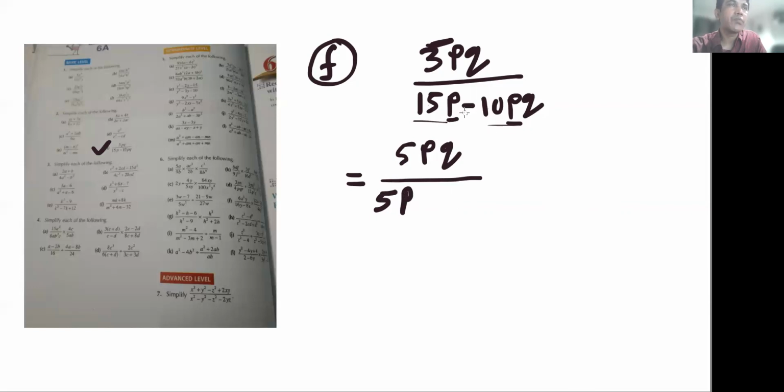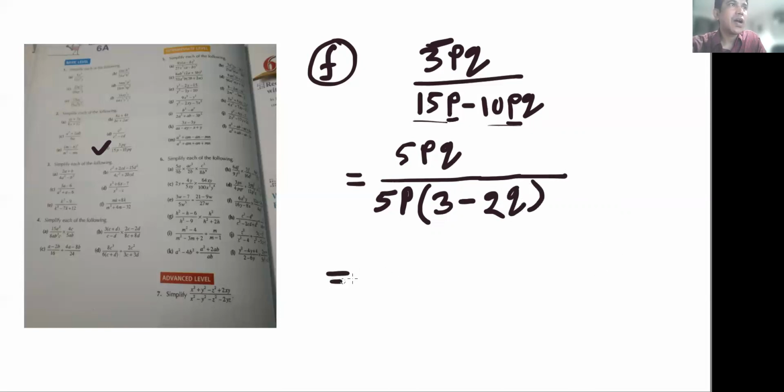No, there's no Q. So from 15P, if I take 5 common, 15 divided by 5 will be 3. P and P will get cancelled. Minus, we have 10PQ, 10 by 5 is 2, then we have P, since P is already there, this will get cancelled. So it will remain Q.